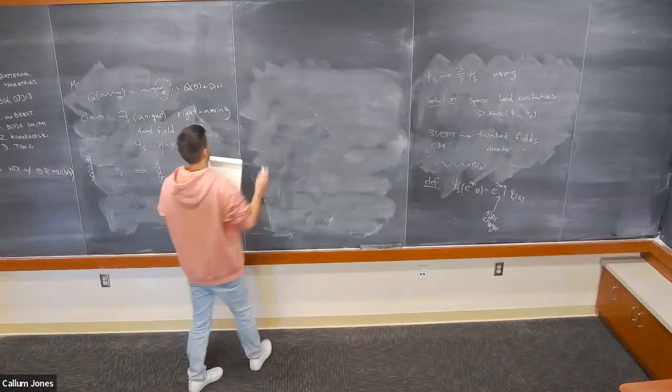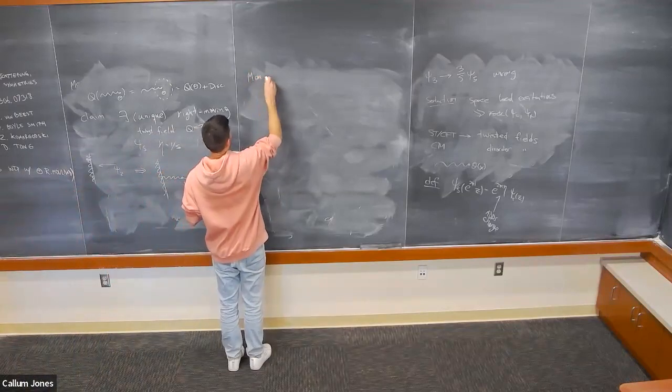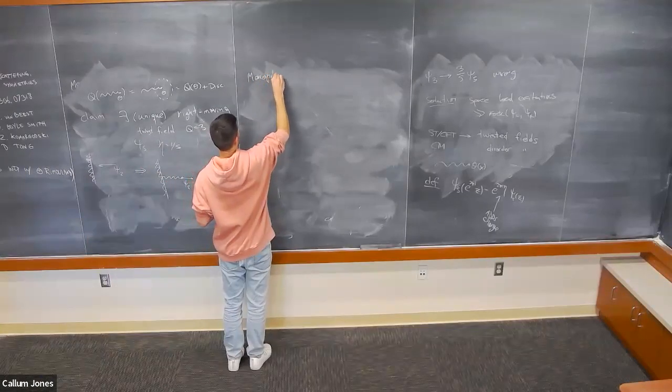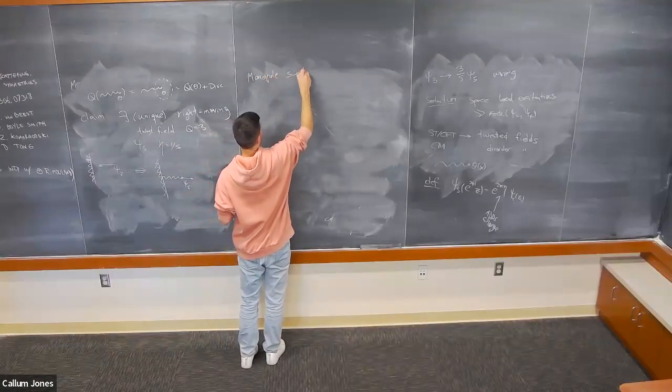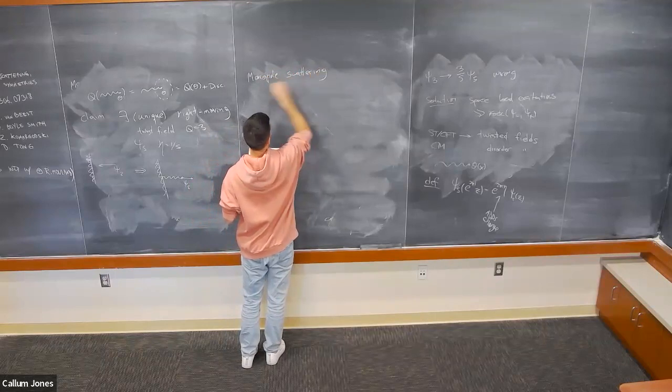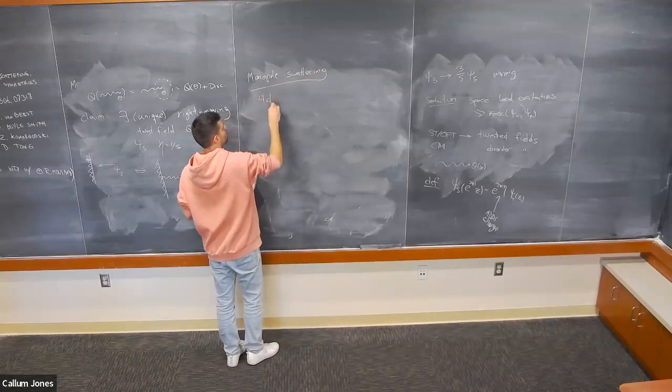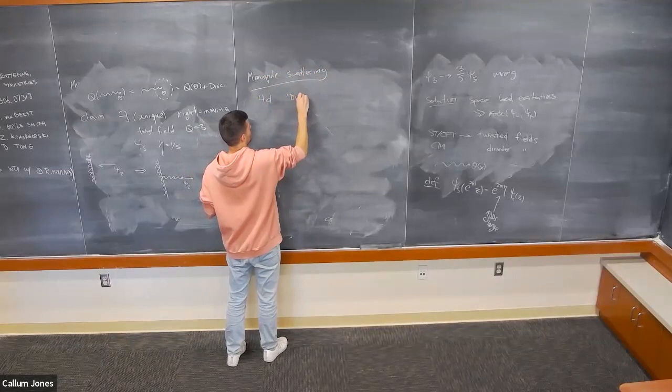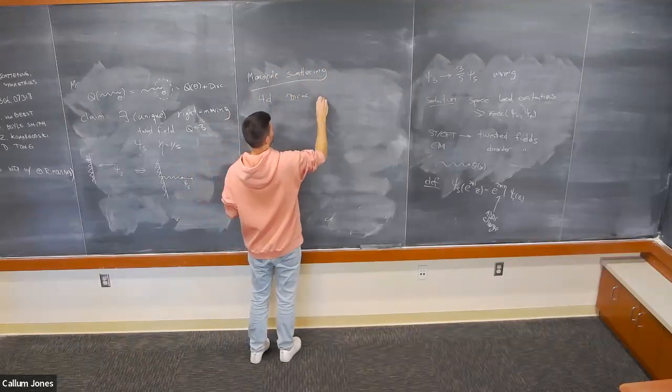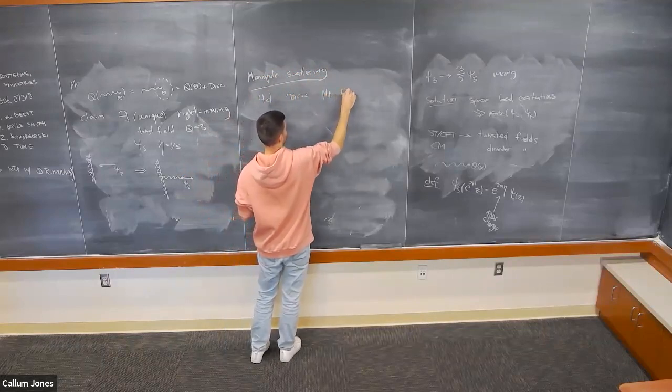Okay, so let me now move on to the actual problem that we care about. So we're going to do 4-dimensional Dirac fermions. Let's say NF fermions.